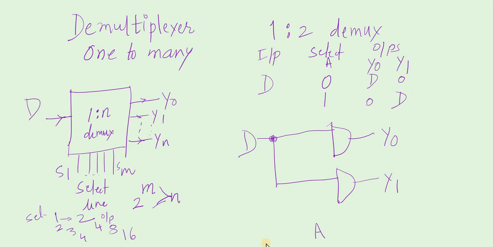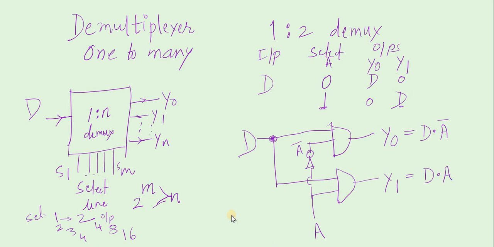This control signal will be connected to Y1's gate directly because when A is 1, Y1 is getting D, and it will be connected through inverter to the first AND gate. So this will be A bar here. So for Y0 we can say D dot A bar, and for Y1 D dot A will be the equation.